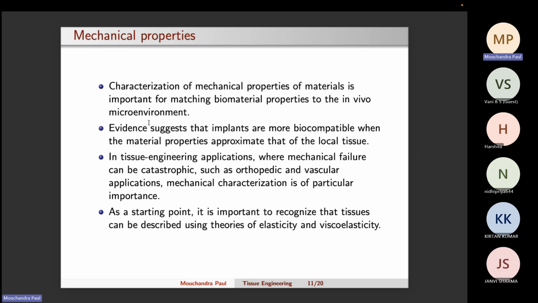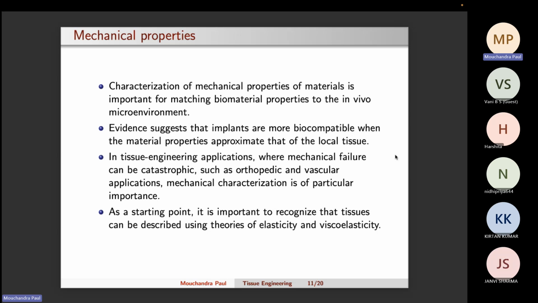So you have to match the strength of the local tissue where your artificial tissue or prosthetic or whatever device you're making is going to be implanted. If you're not able to do it, then there will be failure of your device, or the artificial tissue won't graft on your location properly. And this kind of failure can be catastrophic. So that is why studying the mechanical properties of the material becomes very important.